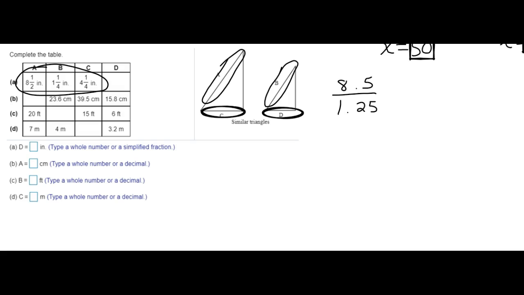That's long side to long side is equal to, going back to the first larger triangle, 4.25 to D, which is unknown.